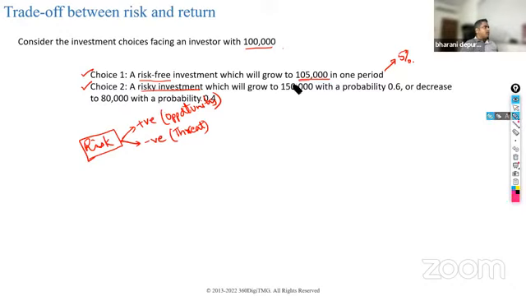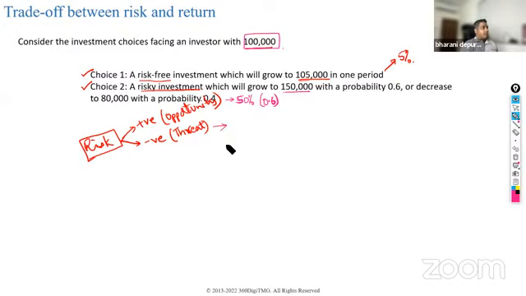If you invest 100,000, you might either get 150,000, which is an opportunity. If I invest, I might get 150,000. So that's an opportunity. 150,000 means 50%. And there is a 60% probability, 0.6, that you will get a 50% return on investment.